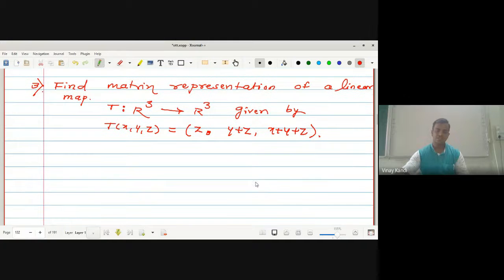Relative to the basis, the basis set is given to us: (1, 0, 1), (-1, 2, 1), and third is (2, 1, 1). Okay, now the solution.